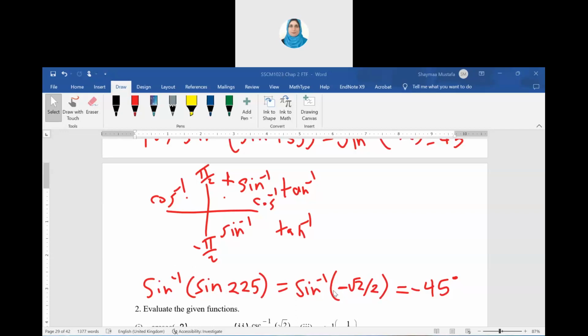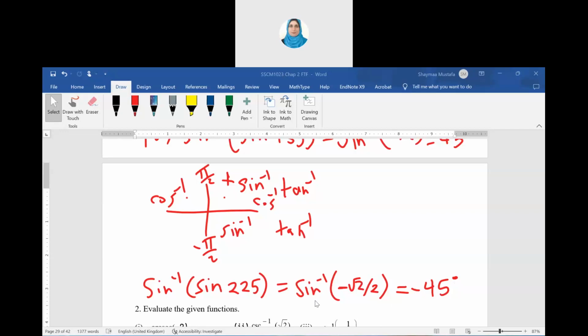This value is a negative value, which means sine inverse of this value cannot be from the first quadrant. It should be from the last, because sine inverse is only defined in these two quadrants. So sine inverse of this value will be an angle in the last quadrant within the range from minus pi over 2 to pi over 2.